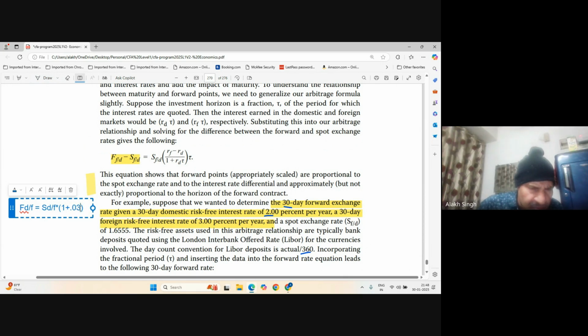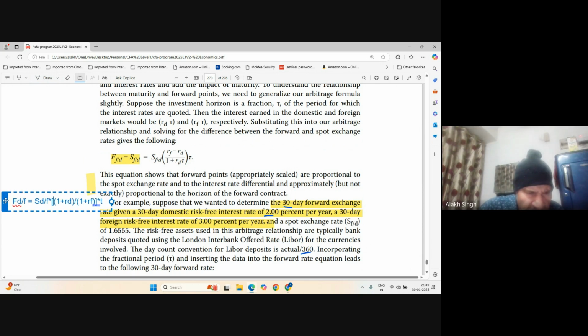So I will write here 1 plus RD divided by 1 plus RF, and raised to the power T, times tau. This one is very easy to understand, nothing to worry about. That is what we have been doing for months.